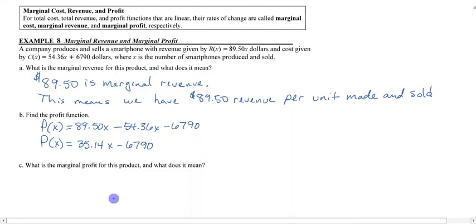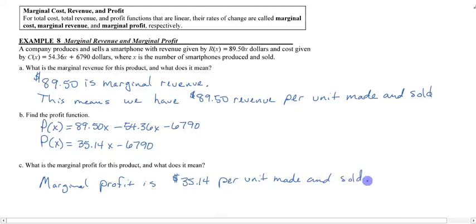So what is the marginal profit for this product and what does it mean? Your marginal profit is going to be the slope of the profit function. So marginal profit is $35.14 per unit made and sold. But what does that mean?